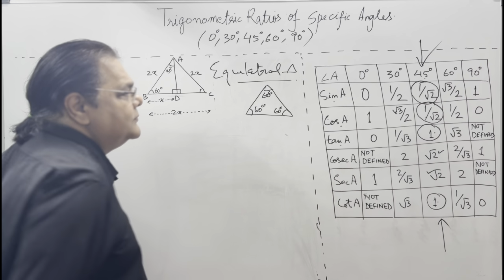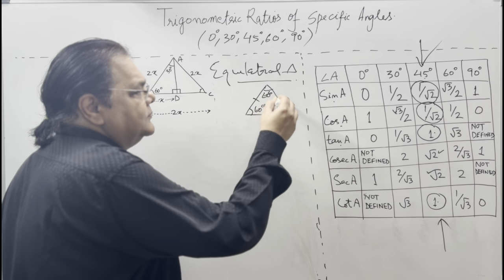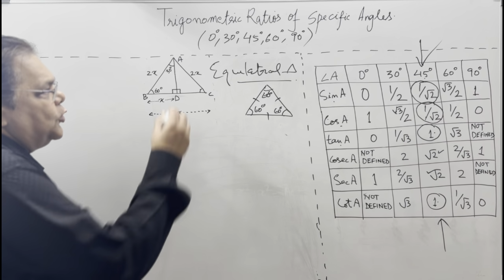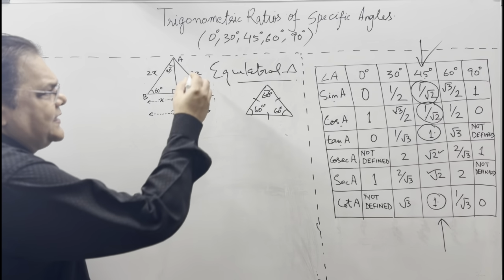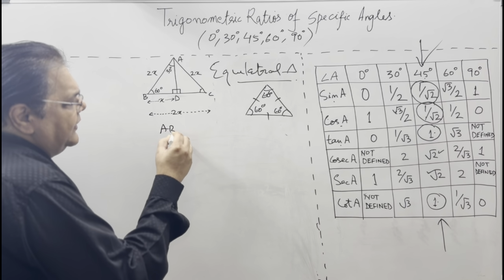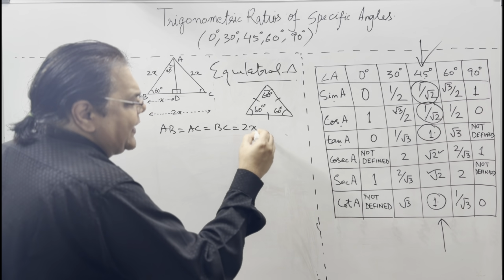The sides are equal. So this is an equilateral triangle. We have considered the sides as 2x. So AB is equal to AC, which is equal to BC, which is equal to 2x.